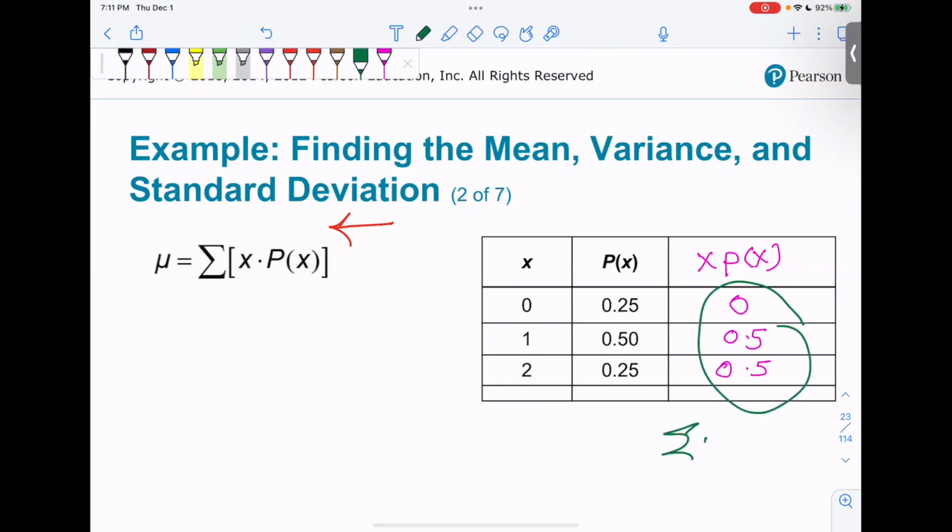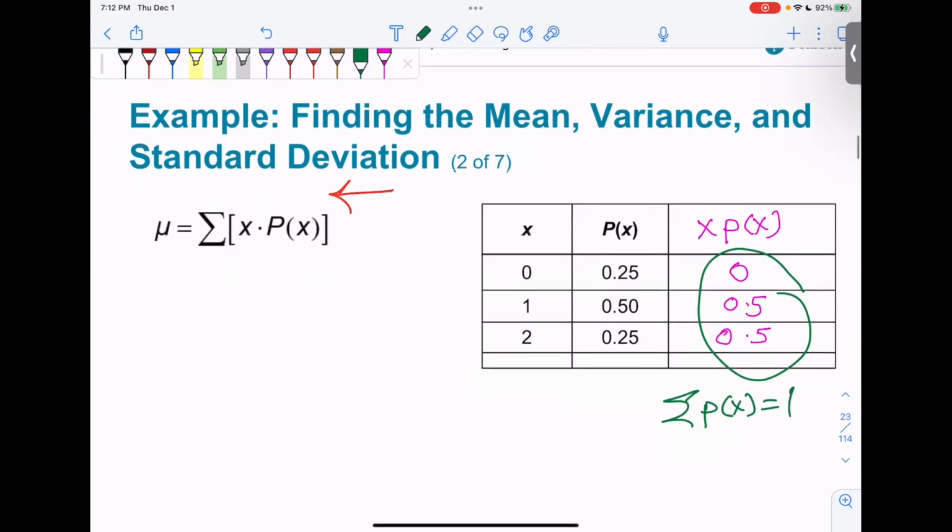So summation of x p(x) will equal what? 1. So now this is mu. Mu equals 1. Easy, right? Mu is X times probability of X: we take each single value of X and multiply it by its probability.